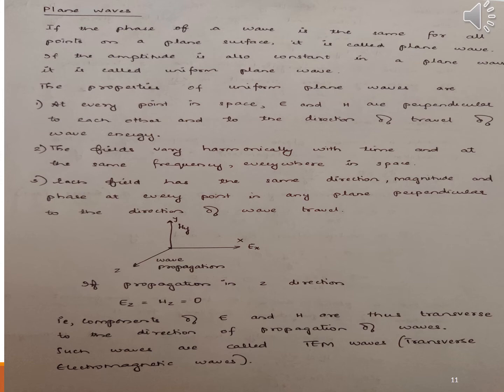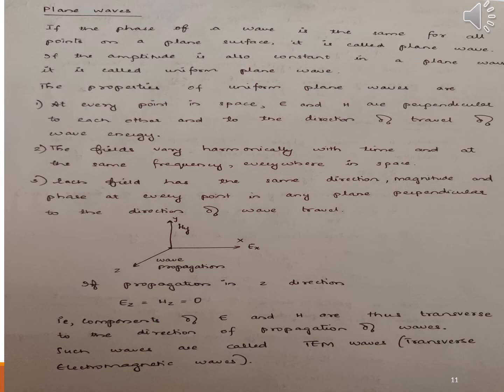When we discussed the Poynting theorem in the previous lecture, I mentioned that if your electric field is in the x direction and the magnetic field is in the y direction, then the wave propagation will be along the z direction. The second property is that the fields vary harmonically with time, at the same frequency everywhere in space. So the field has a variation with time and with space, and the frequency is the same.